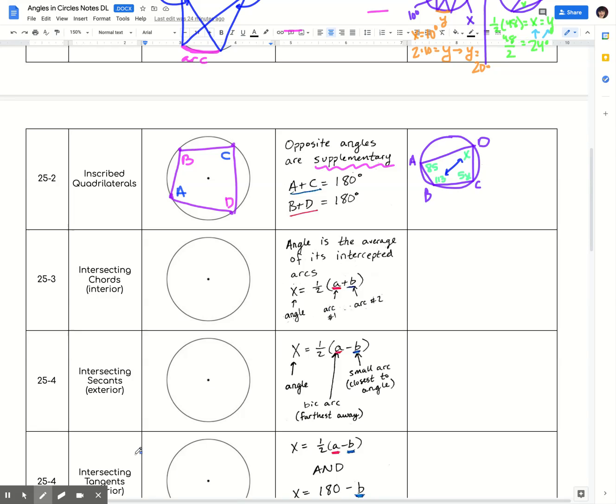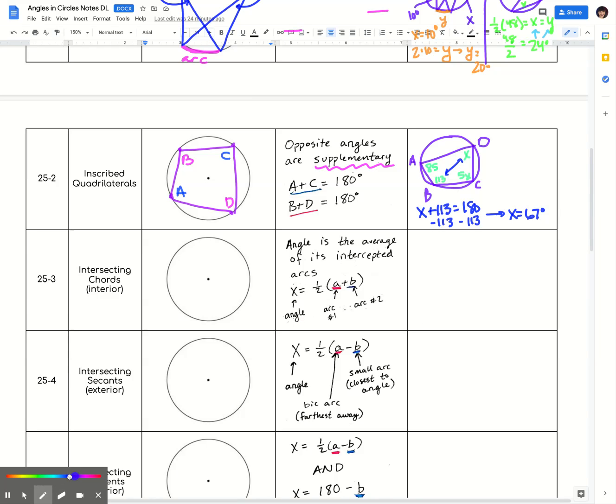That means x and 113 are supplementary. So x plus 113 has to equal 180. Then I'm just going to do minus 113 on both sides, so I end up with x equal to 67 degrees. Easy peasy, that's it for that one.